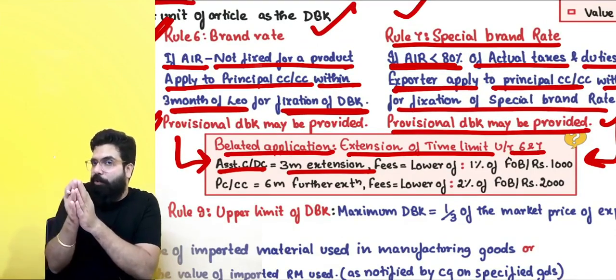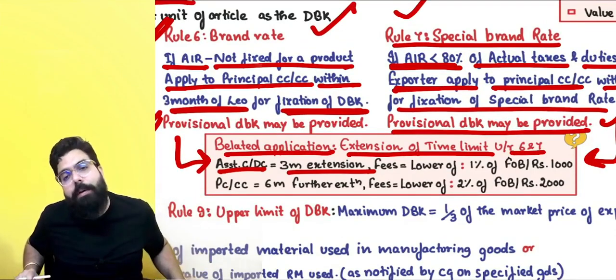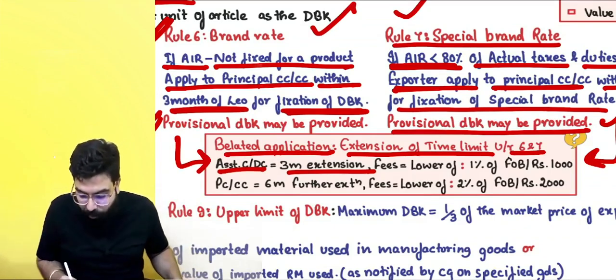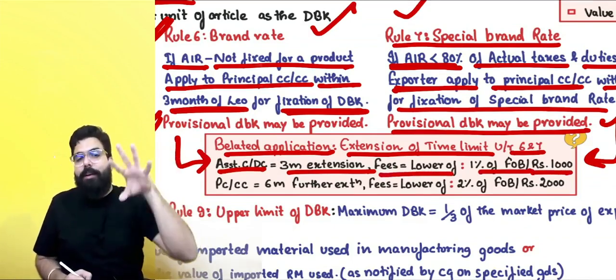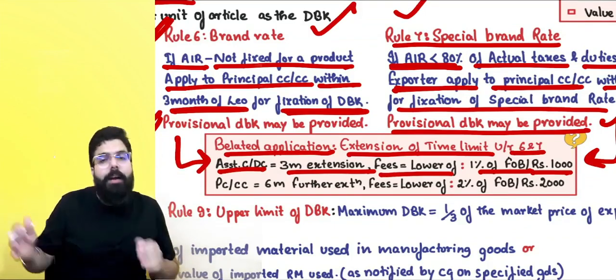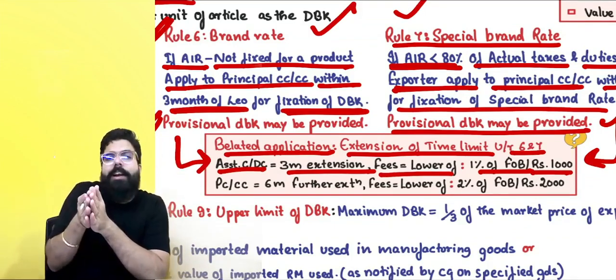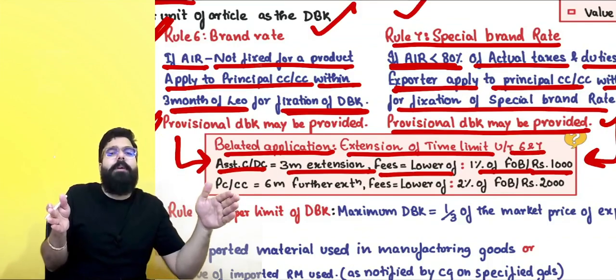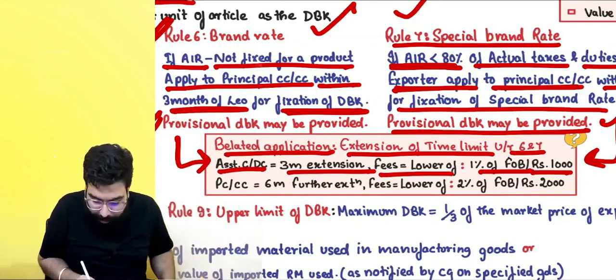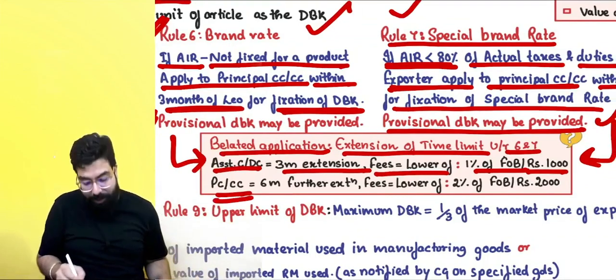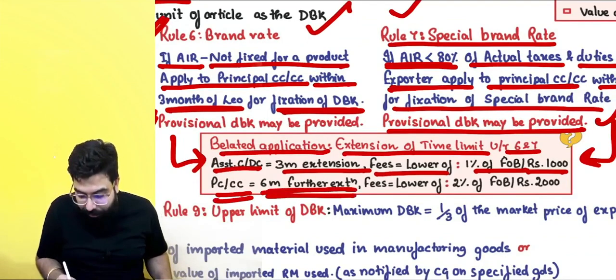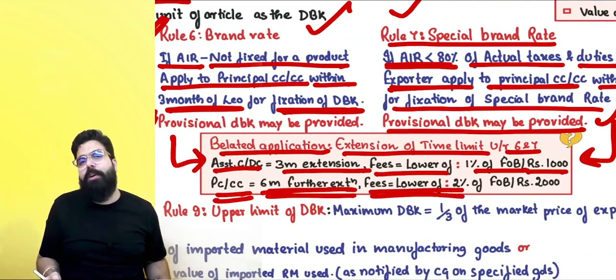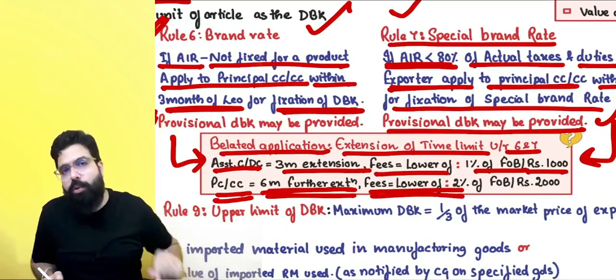Now a further 3 months time limit will be given, but there is a fee which is 1% of the FOB or rupees 1000, whichever is lower. Sir, if I did not apply within 3 months of the let export order or the extended 3 months, then the Principal Commissioner or Commissioner of Customs may give a further 6 months extension, where the fee is the lower of 2% of the FOB or 2000 rupees.